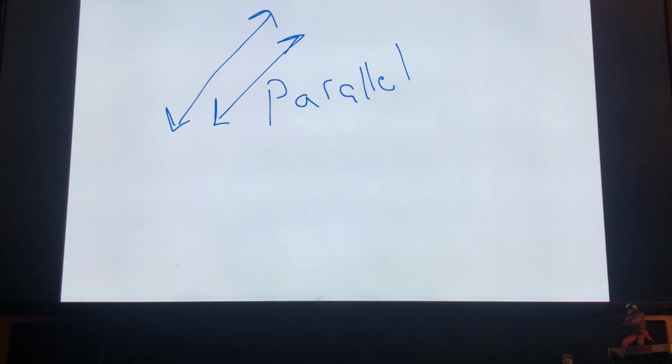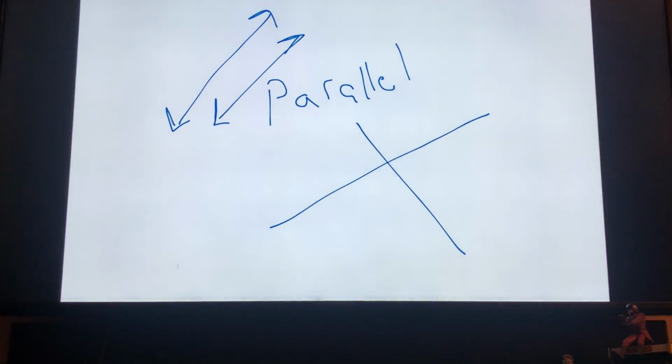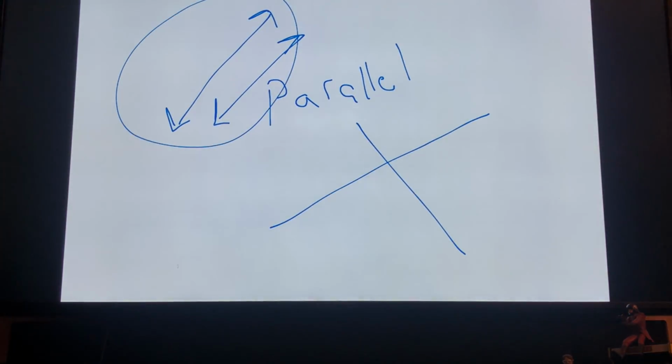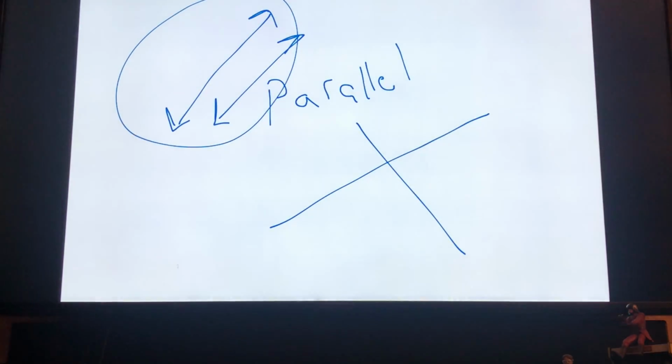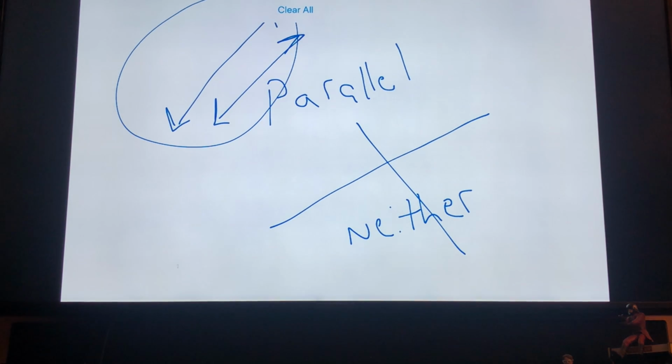What about if we have... Are these parallel? No, they're not running like this. Are they perpendicular? No. So that means they have to be neither. Alright. What about this little guy here?